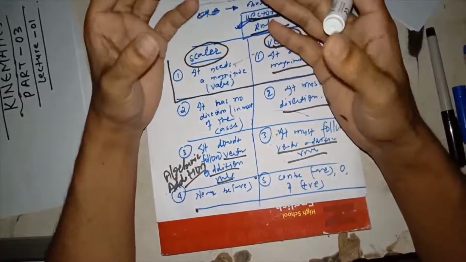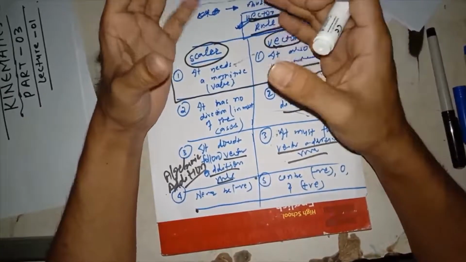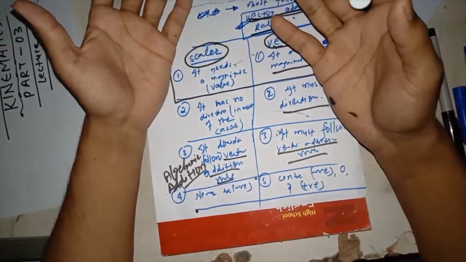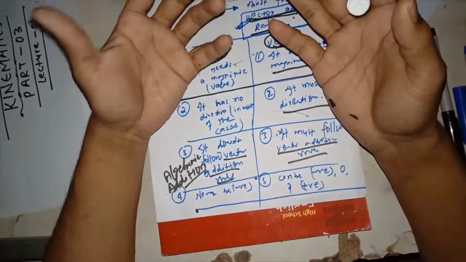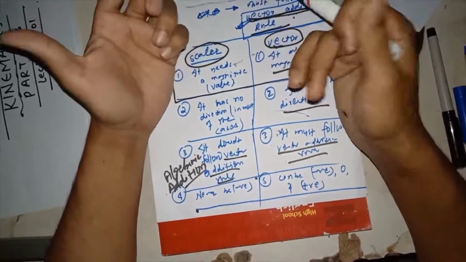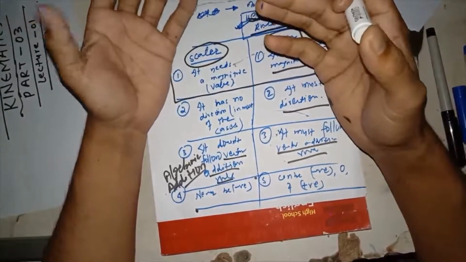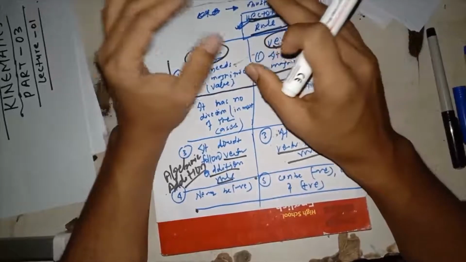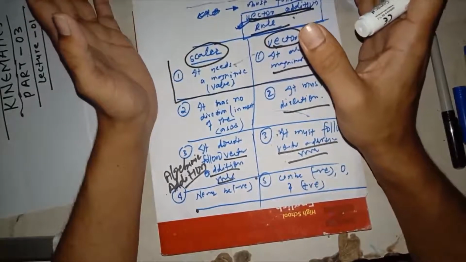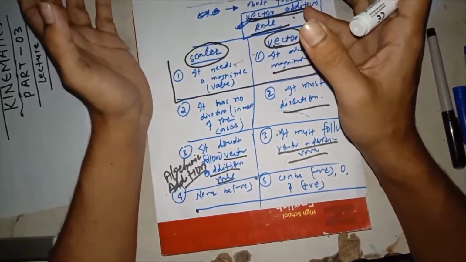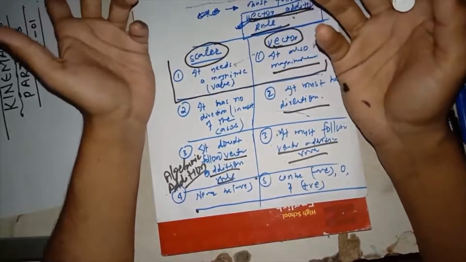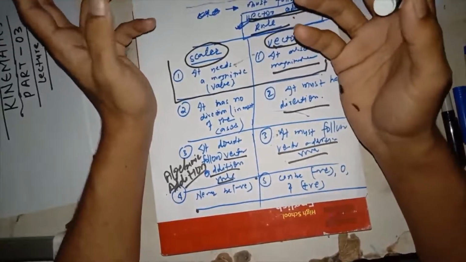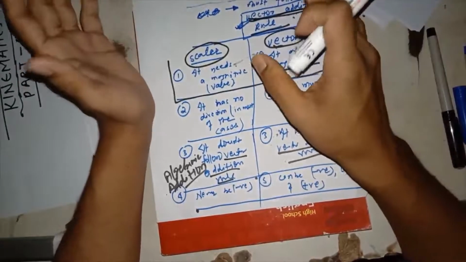Here you have studied what direction is. Actually, the minus sign indicates direction. If you have traveled 2 meters in the westward direction and 2 meters in the eastward direction, you assign the values -2 and plus 2. But the value is 2 meters in both directions. If somebody asks how much you traveled, you can say, sir, I have traveled 2 meters. But when someone asks in which direction, then you say east and west. Have you got my point?